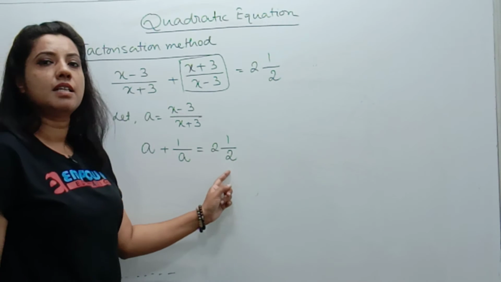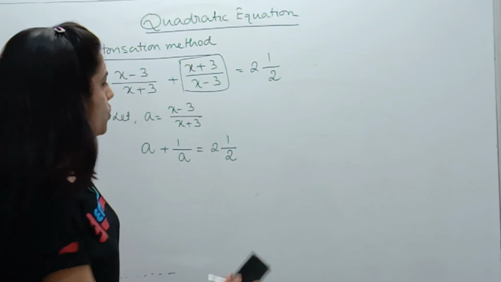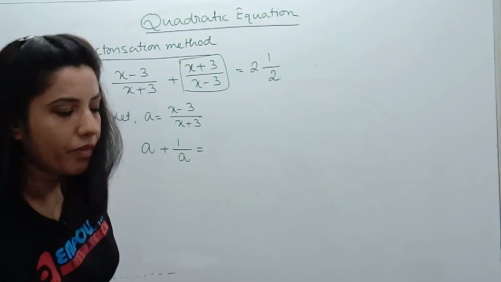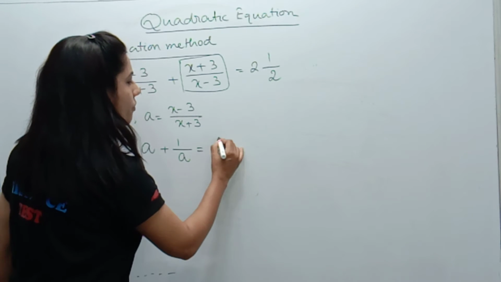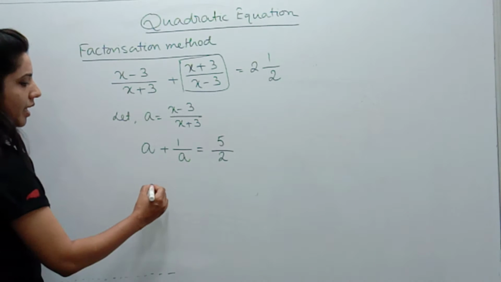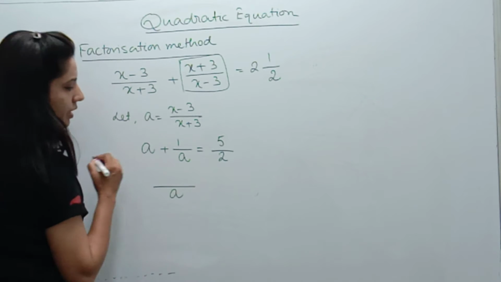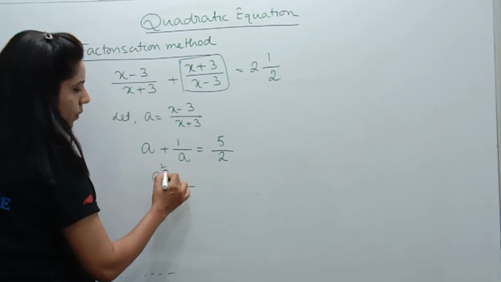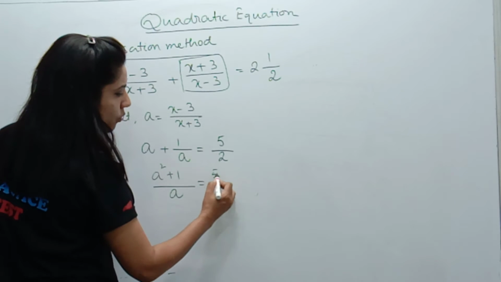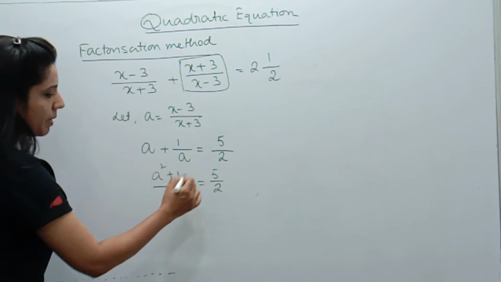Also, I will change this into an improper fraction. This will become 5 upon 2. Let us take LCM here. A is the LCM. So a square plus 1 is equal to 5 upon 2. Cross multiply.